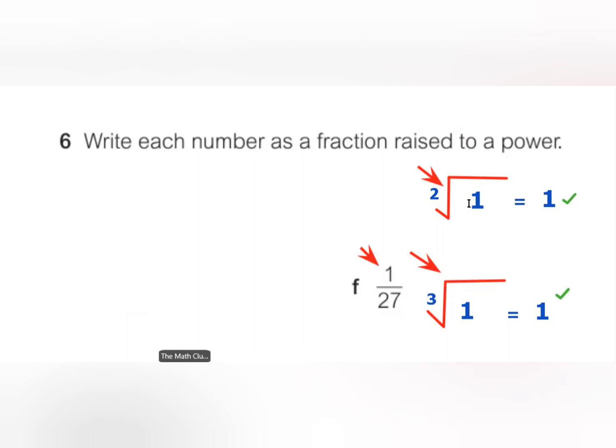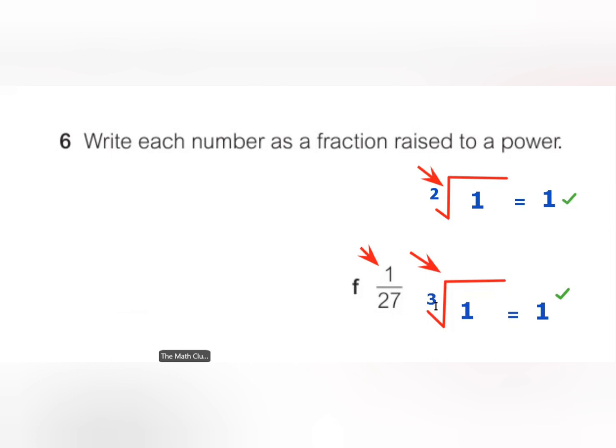If you put 27 under the square root, it will give you decimal numbers, because the square root of 27 is 5.19. So you can't use the square root with 27. So I have to use the cube root, because the cube root of 27 is 3. Very good. So in this case, I'm going to use the cube root, and the power will be 3.